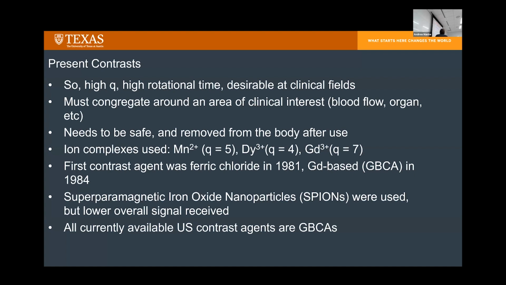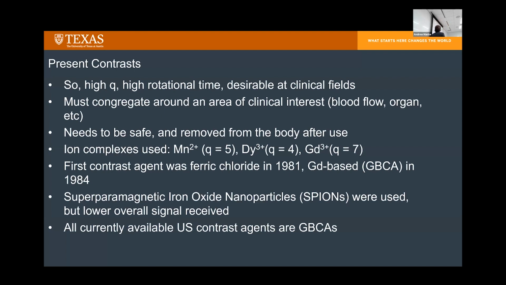The paramagnetic ions that have been used were the 2+ ion of manganese, which has 5 unpaired electrons, so a spin of 5 halves; dysprosium 3+, which has 4 unpaired electrons; and gadolinium 3+, which has 7 unpaired electrons. Gadolinium's 7 unpaired electrons cause it to have the strongest relaxation effects.